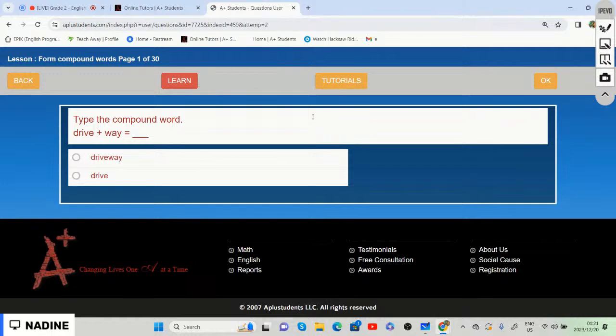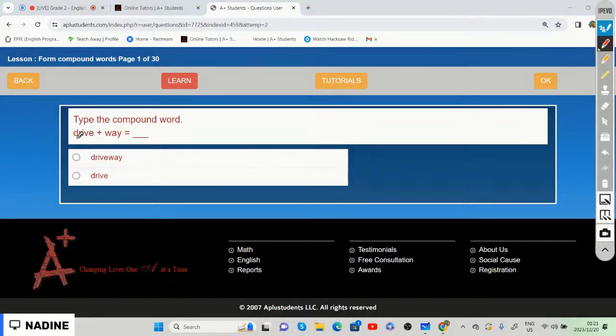So we need to type the compound word. Drive plus way. I'm going to underline it. So drive plus way. What is drive plus way?